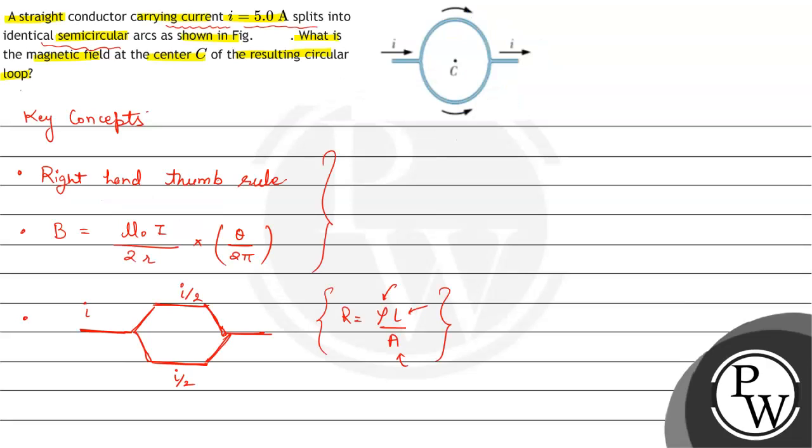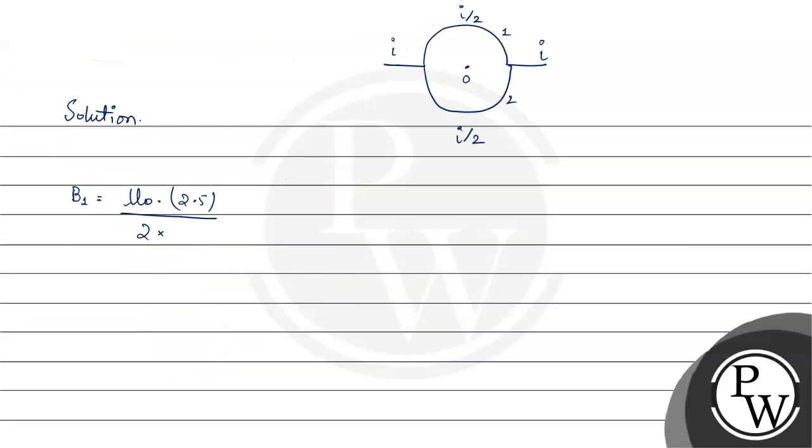So the radius is not given to us, so we have to give the answer in terms of R. Let's suppose R is the radius of the arc, and hence we can write here theta, which is pi in this case because it is a semicircular arc, upon 2 pi obviously.